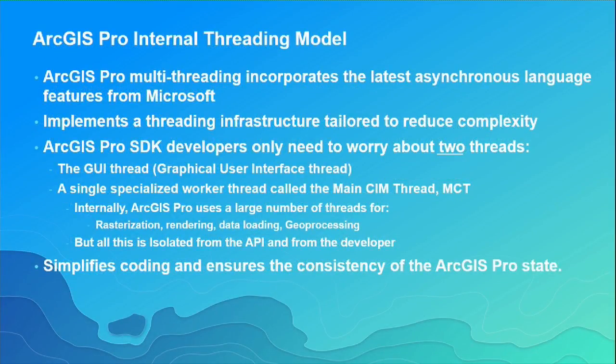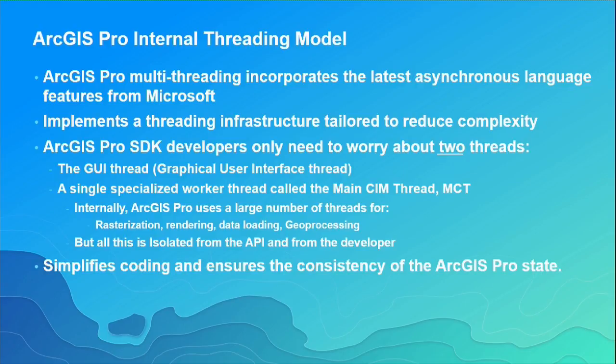In regards to the internal threading model in ArcGIS Pro, multi-threading incorporates the latest asynchronous language features from Microsoft. So this is not a custom implementation, this is just using what's available from Microsoft. It implements a threading infrastructure that is tailored to reduce complexity.